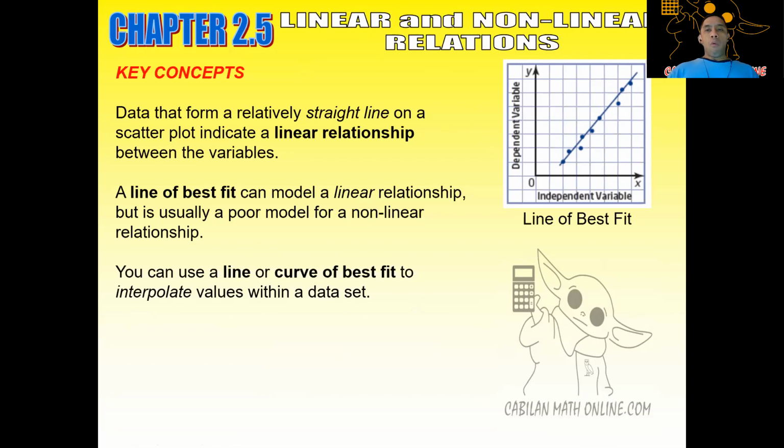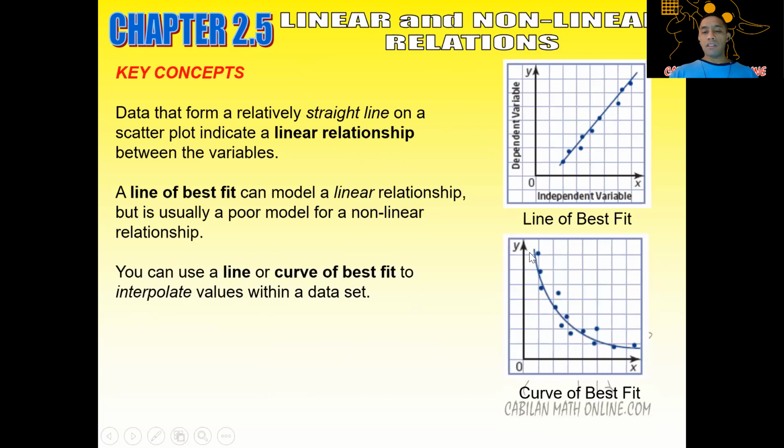When you have something that does not form a straight line, we have what's called a curve of best fit. If you look at the points in this graph without the curve, you would see that they are generally going in a downward trend.